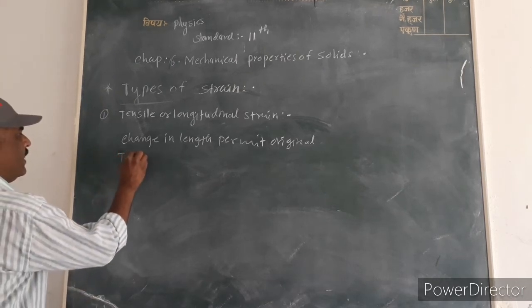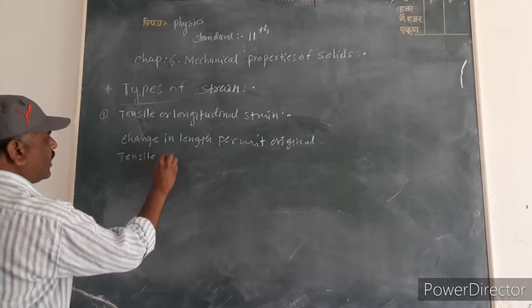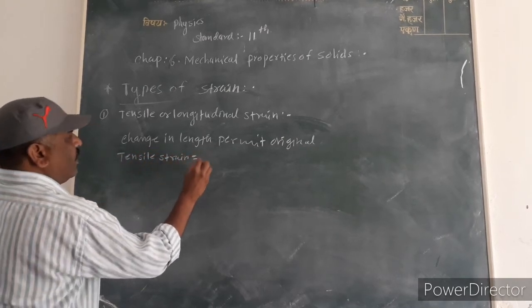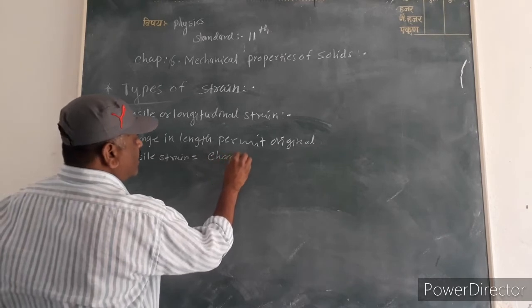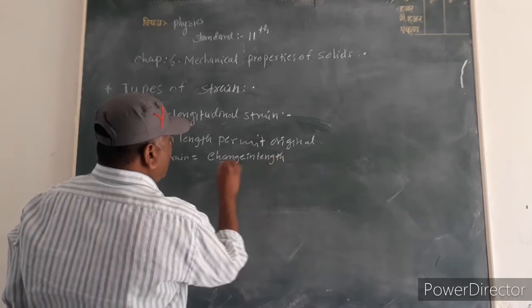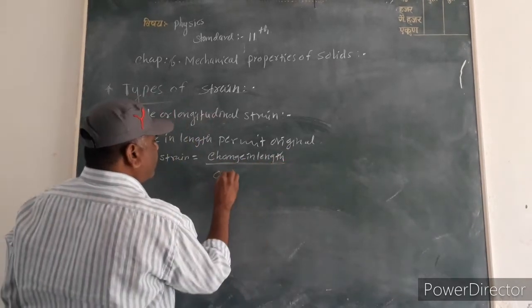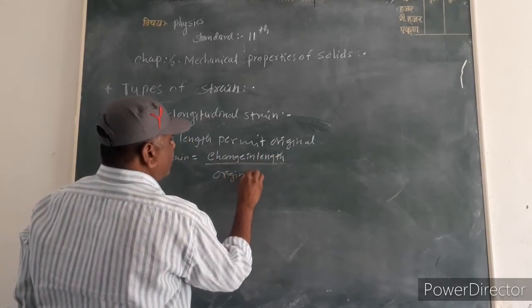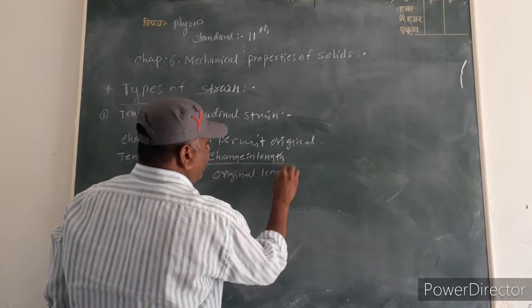Therefore tensile strain is equal to change in length divided by original length.